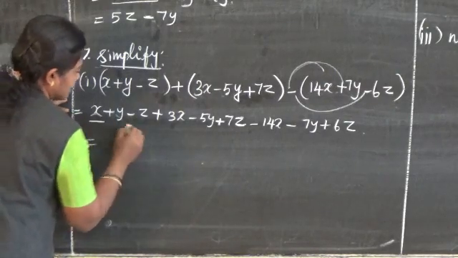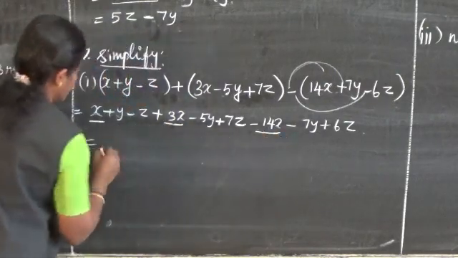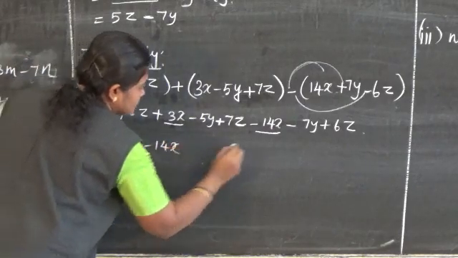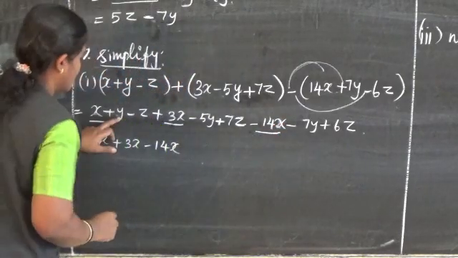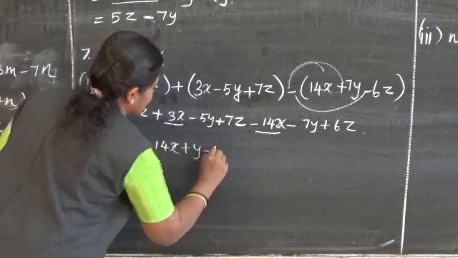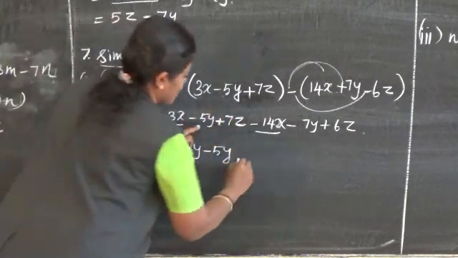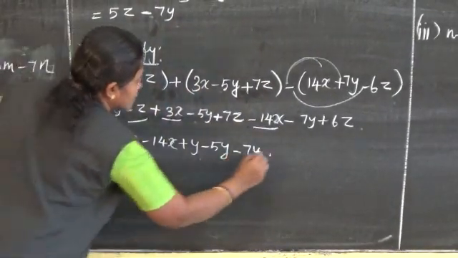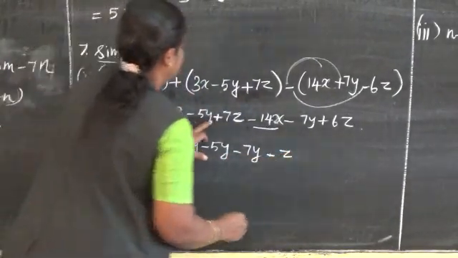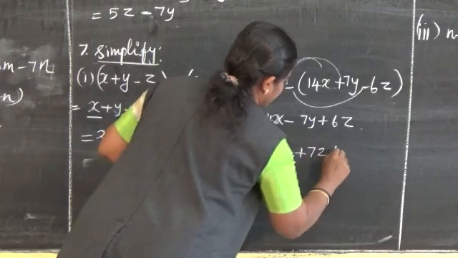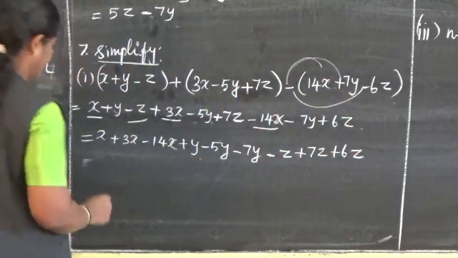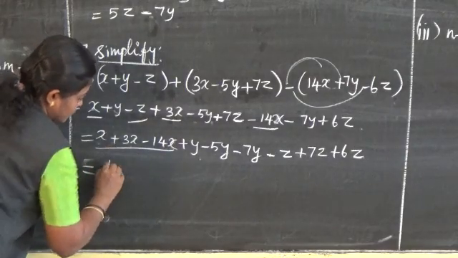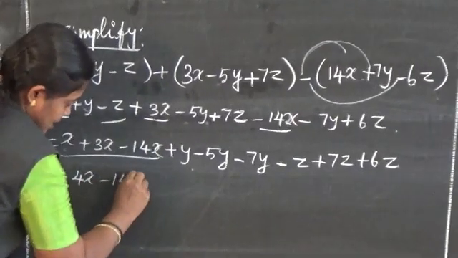Now grouping the terms, first the x terms: x plus 3x minus 14x. Now y terms: plus y minus 5y minus 7y. Now the z terms: minus z plus 7z plus 6z. Now add the x terms: x plus 3x is 4x, minus 14x.